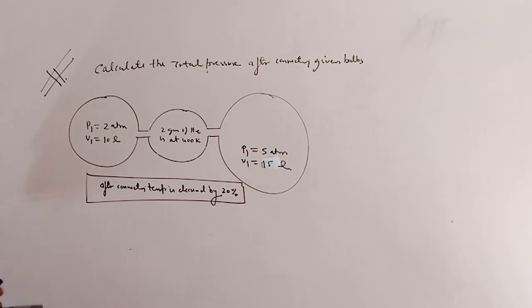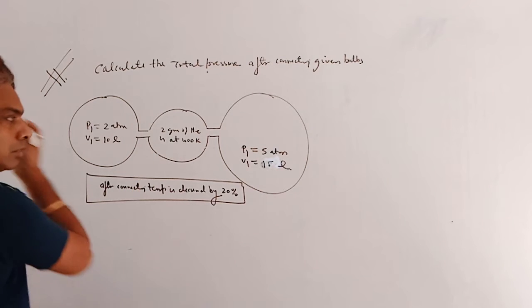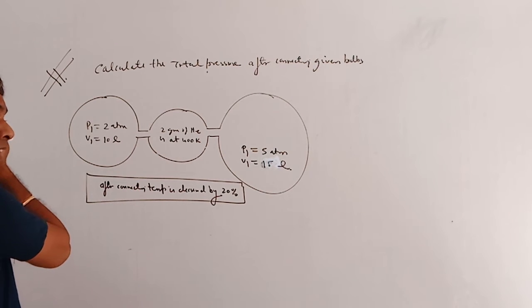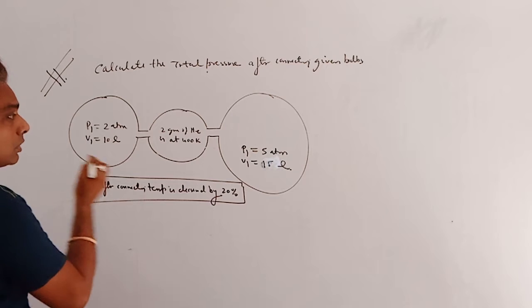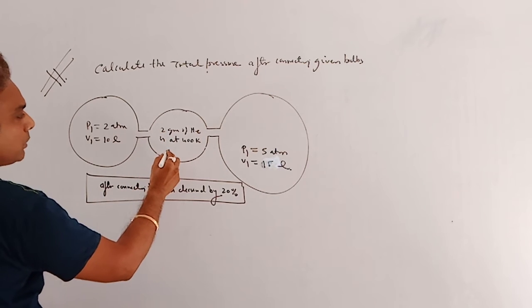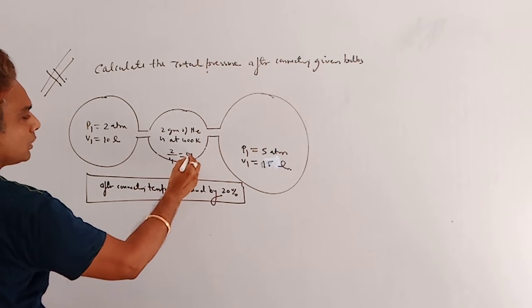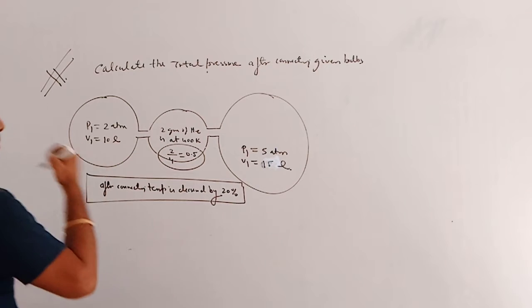So here is the question. In this question, firstly calculate the number of moles. In the second bulb, we can easily calculate the number of moles with the help of 2 gram. It means 2 divided by 4, which is 0.5. Clear?